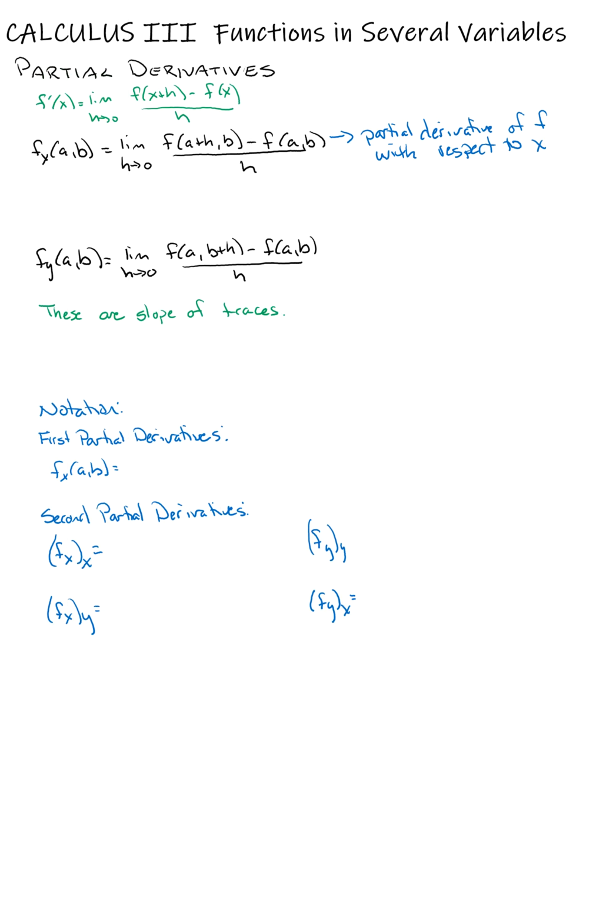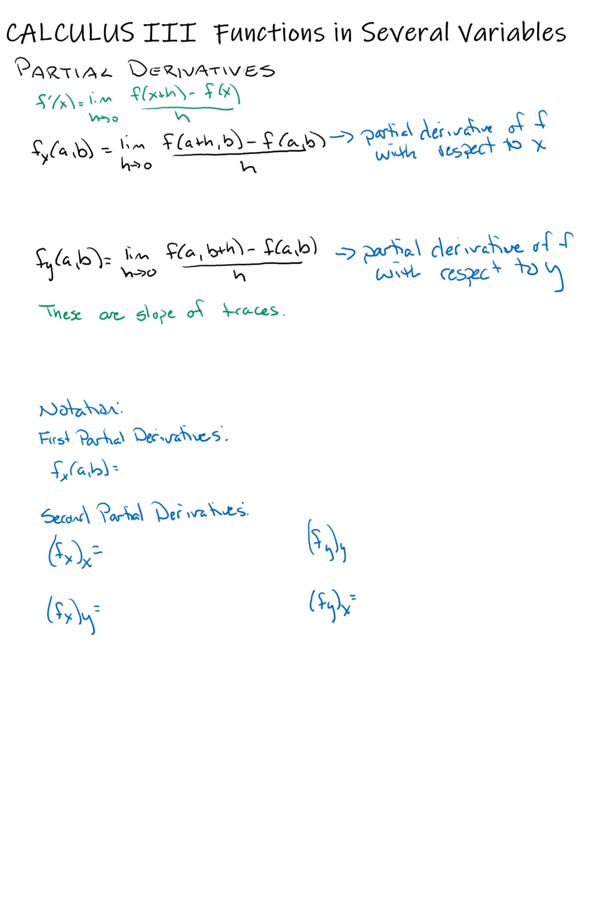Of course, this is at the point a, b. This one, however, is the partial derivative of f with respect to y, evaluated, of course, at the point a, b.